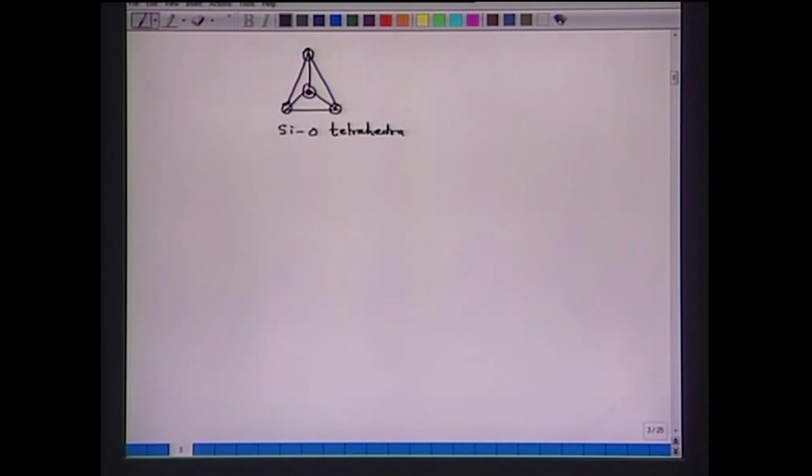Now, two tetrahedra are joined at the vertex. So, these are the two tetrahedra, joined at the vertex, with silicon surrounded by the oxygen.